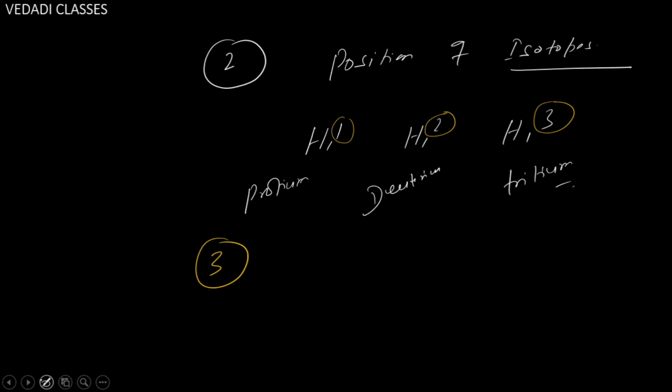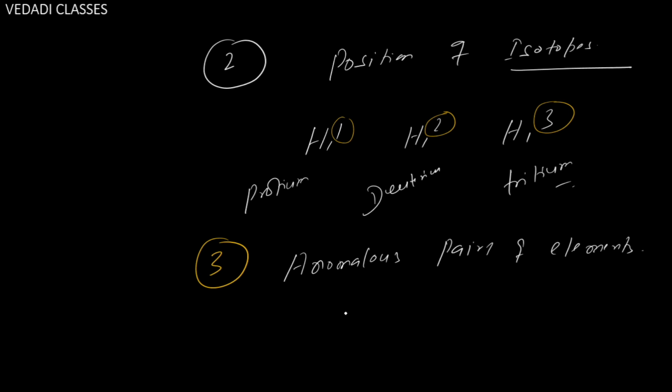Now the third one is the anomalous pairs of elements. What is the meaning of anomalous pairs of elements? Let me give you some examples directly. Cobalt has atomic weight 58.9, and nickel has atomic weight 58.7.